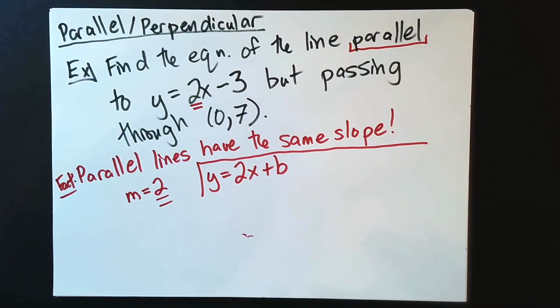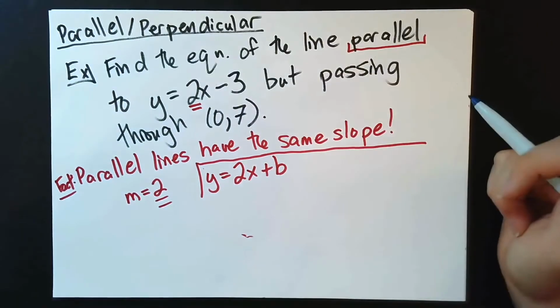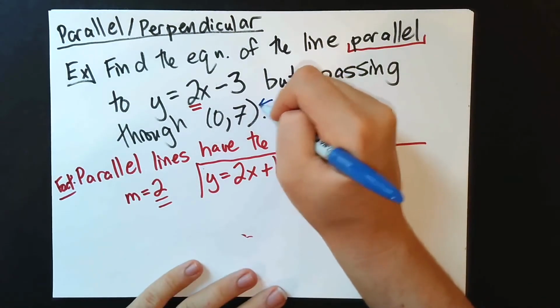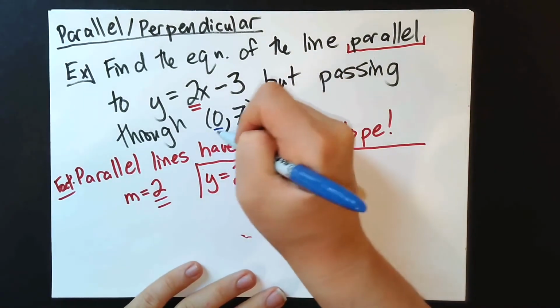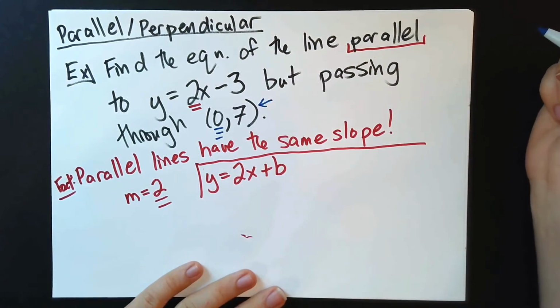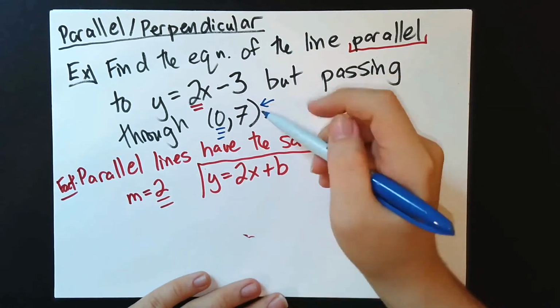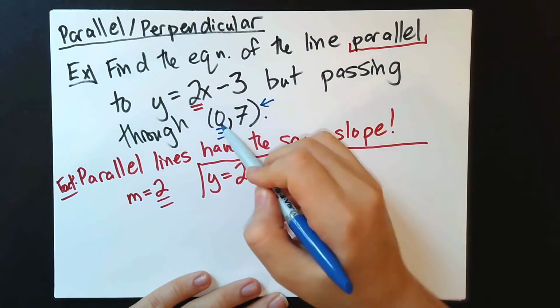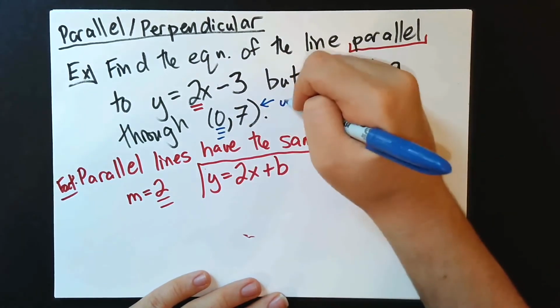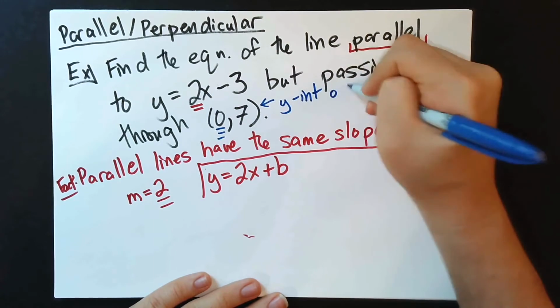But, again, if you're paying attention, you can skip that, because what is this point? Well, this point has an x-coordinate of 0. And what are points that have an x-coordinate of 0? Those are points that are on the y-axis. And so what that means is that this point, because there's a 0 here, is actually the y-intercept of our new line.